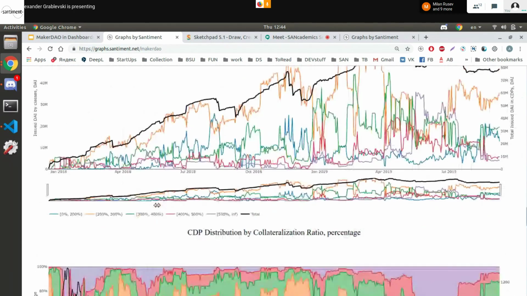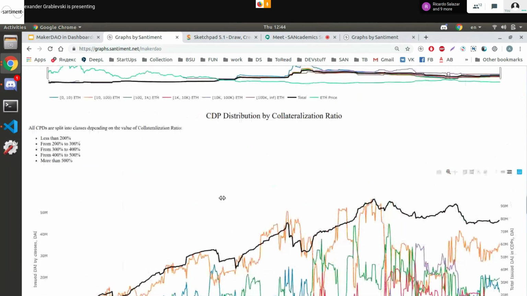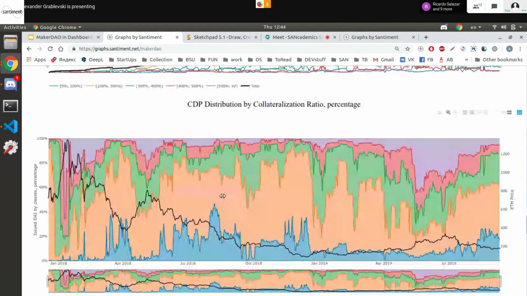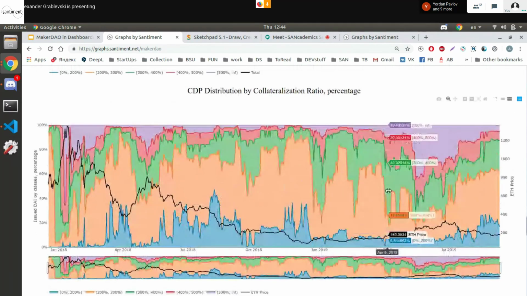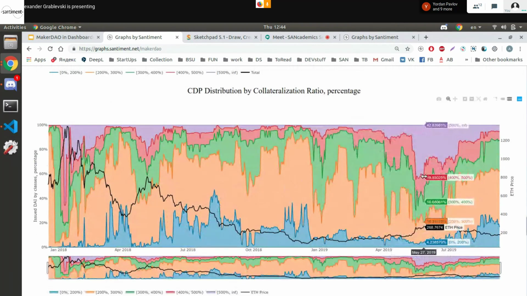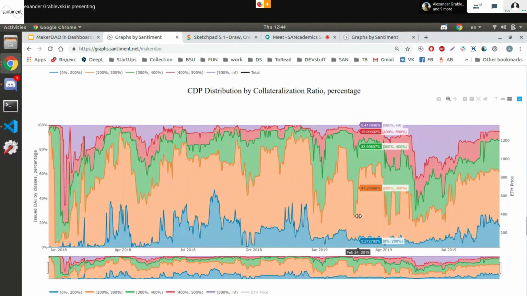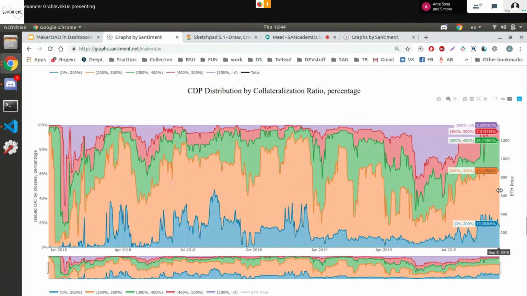Next is the CDP distribution by collateralization ratio. These graphs are the same. Let me start with this one, it's easier to understand. You can see how many CDPs have which collateralization ratio set.